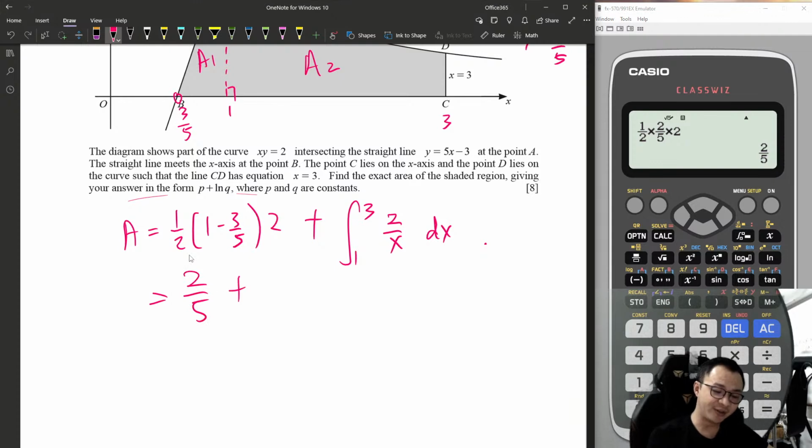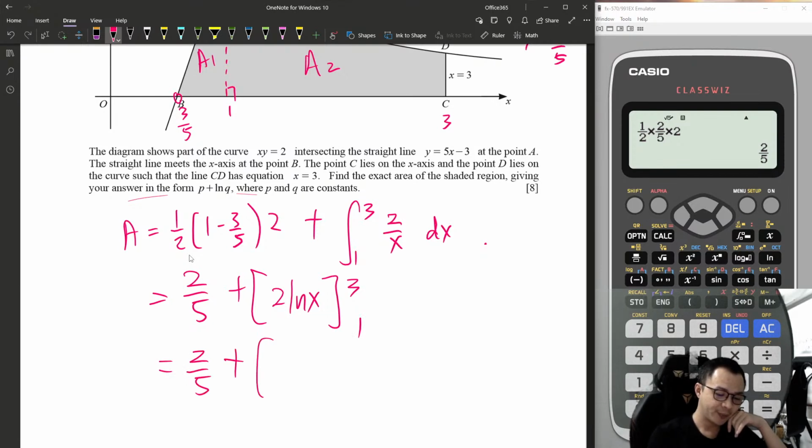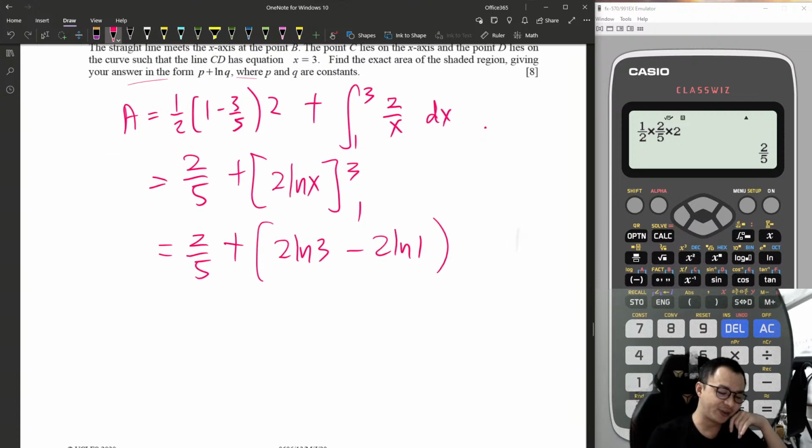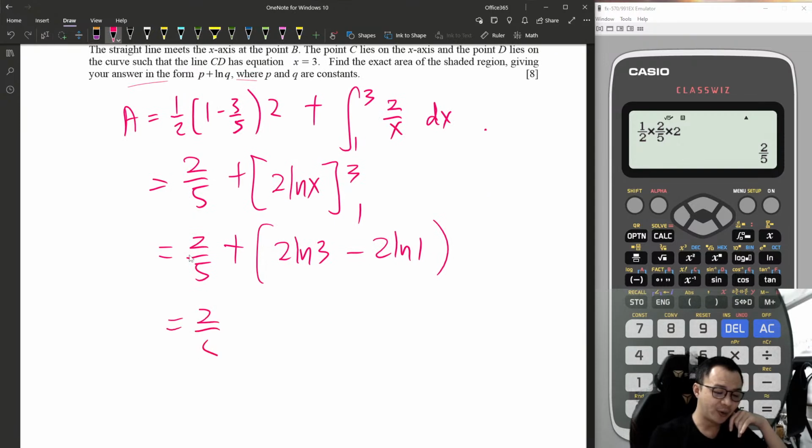This one, if I integrate, I will basically get 2 ln x, then from 3 to 1. So this is 2 over 5 plus 2 ln 3 minus 2 ln 1. 2 ln 1 is basically 0, isn't it? So yeah, 2 over 5 plus 2 ln 3.